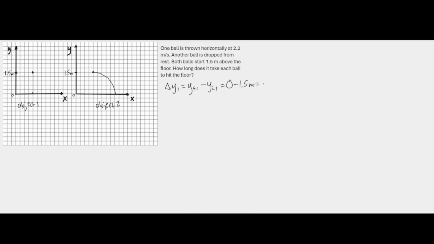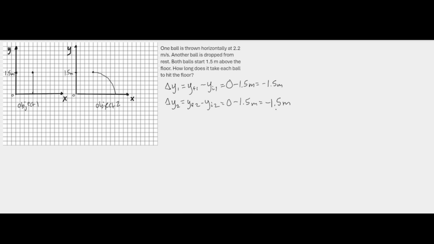So delta y1 is negative 1.5 meters. All right, so let's look at the second object. What is delta y2? Delta y2 is equal to y final 2 minus y initial 2. We end up at the floor, so 0 meters, and we started at 1.5 meters. So delta y2 is also negative 1.5 meters.